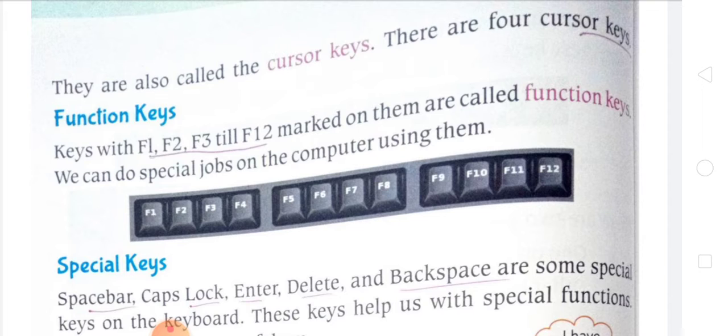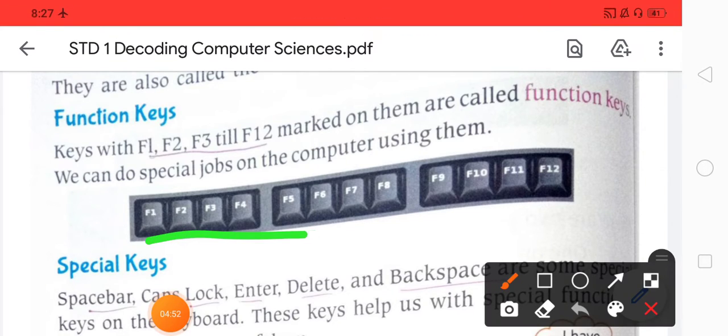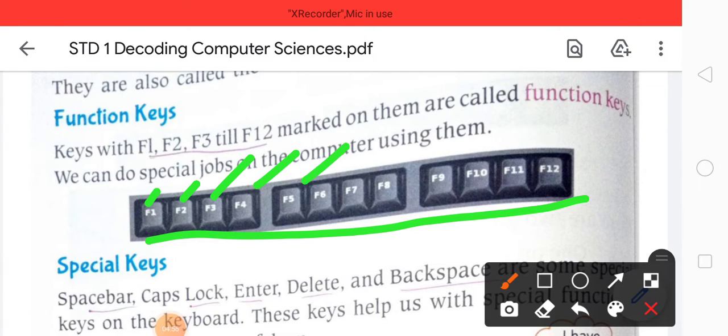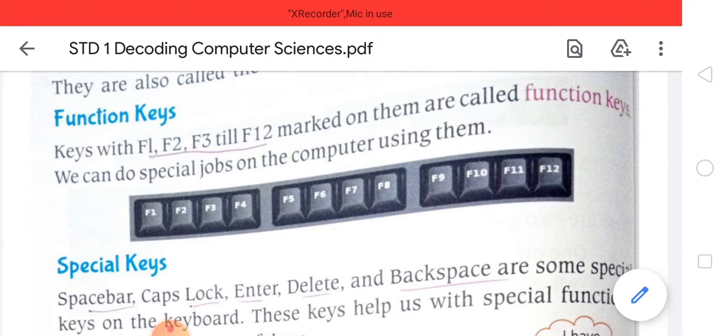Whenever we talk about the function keys, you may see here these are the function keys, that is F1, F2, F3, F4, F5, F6, F7, F8, F9, F10, F11, F12. Keys with F1, F2, F3 till F12 marked on them are called function keys.